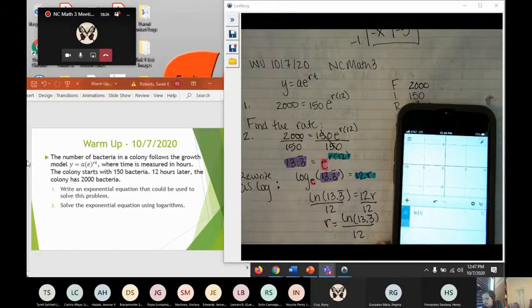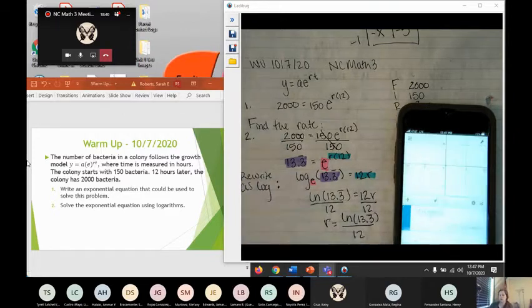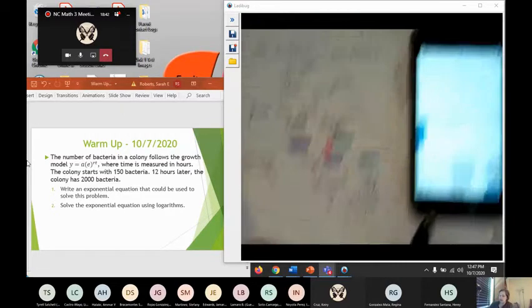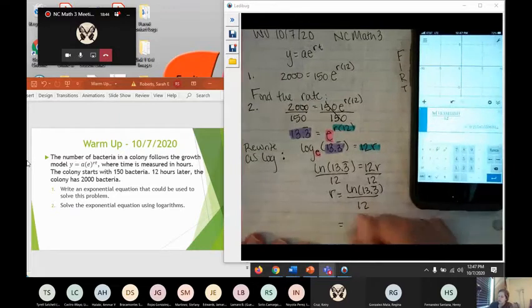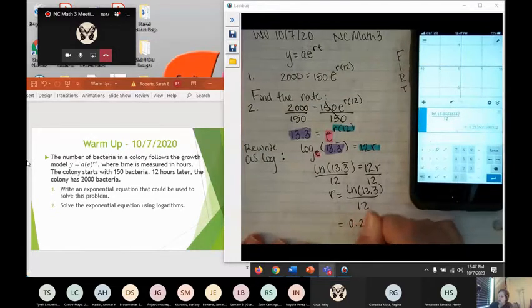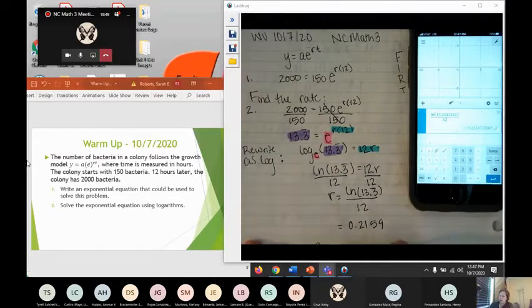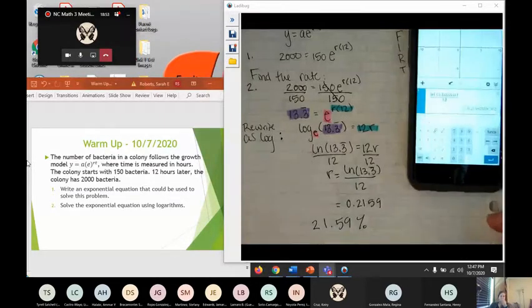It's 13.3, and it's still repeating, so I'm going to put a bunch of threes in. Then I'm going to divide that by 12. When I do, I get 0.2159 if I round. So my rate should be 0.2159, or a 21.59% increase in bacteria.